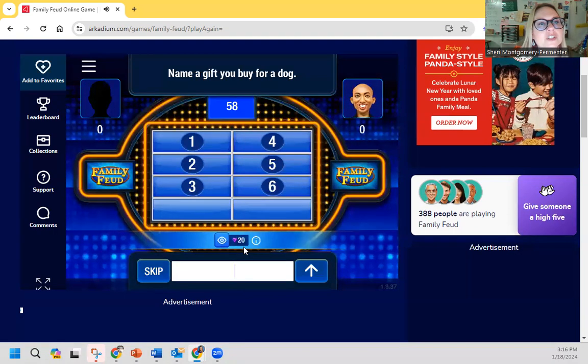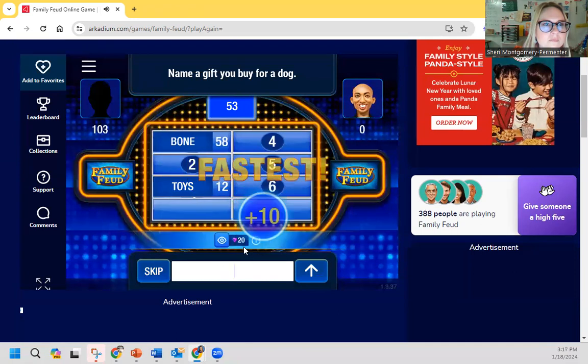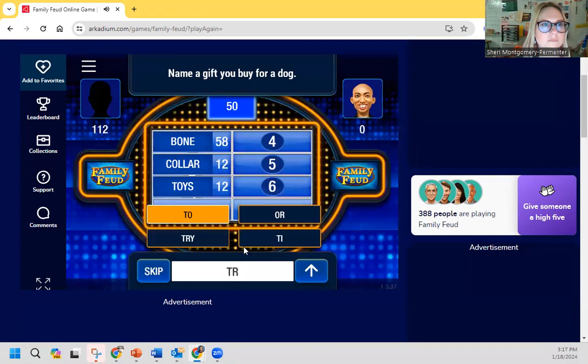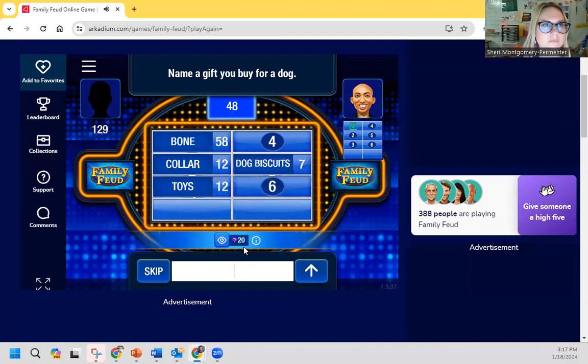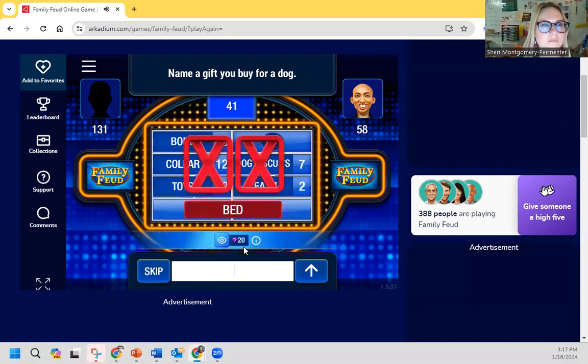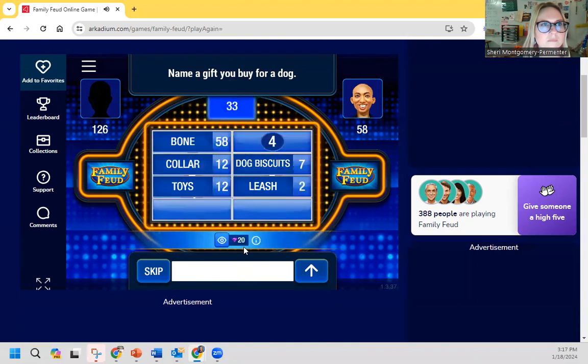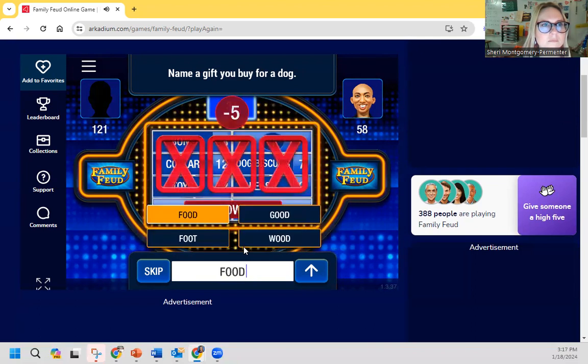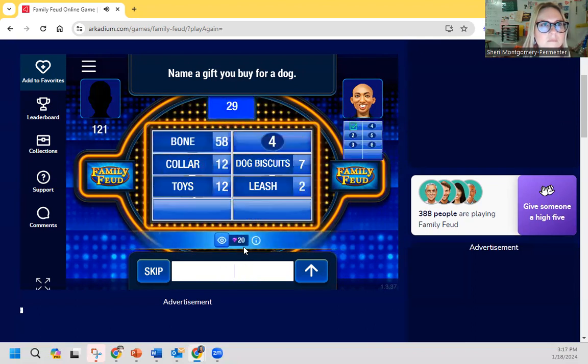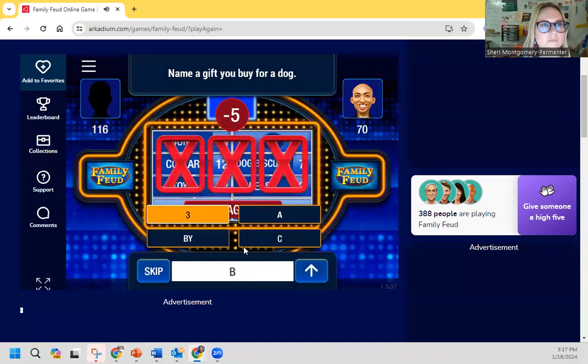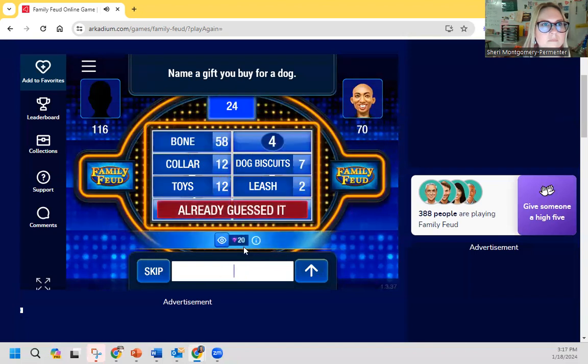Name a gift you would buy for a dog. Bone. Tree. Bed. Bowl. A ball? Another dog? A ball.